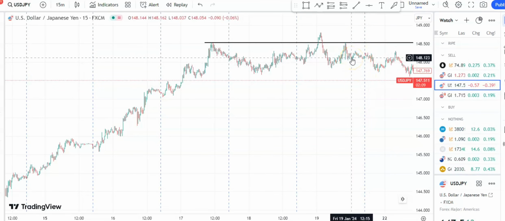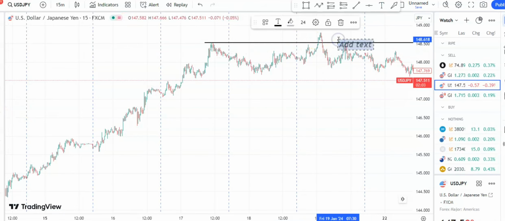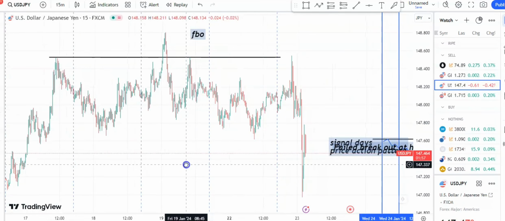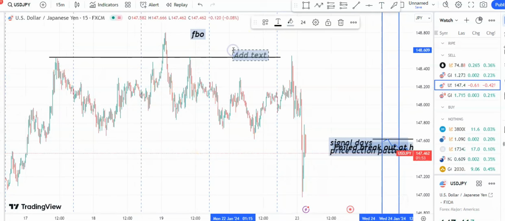So what does that say about Monday? On Friday, we have this failed breakout. So if you have a failed breakout, then on Monday, I am looking for sell high opportunity.